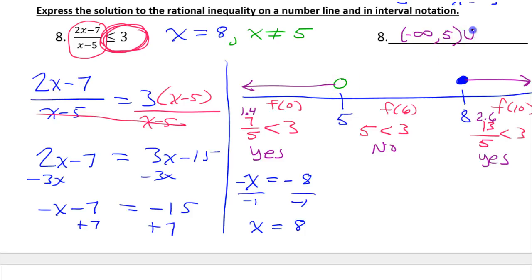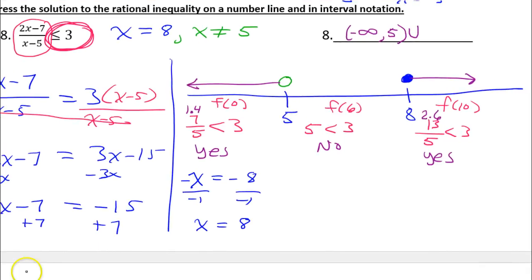Now, union, and this arrow goes from 8 to infinity. So because this is a closed circle, I'm going to use a bracket, which also means including 8. All right, so it goes from 8 to positive infinity. So that is the final answer for number 8.